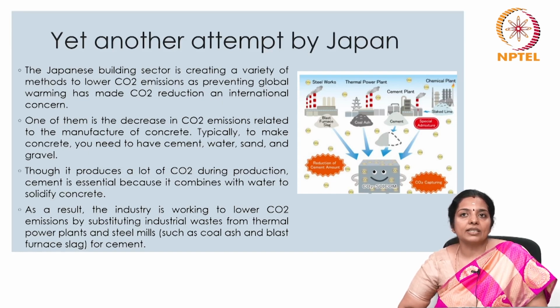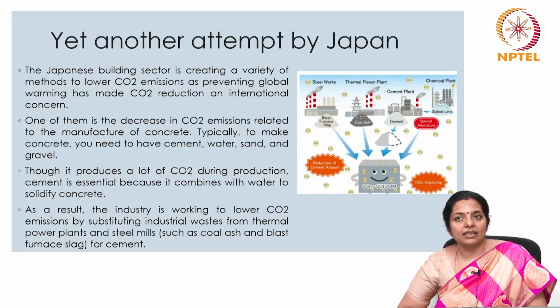One of the concerns is the decrease in carbon dioxide emissions related to the manufacture of concrete. Typically, to make concrete, you need cement, water, sand, and gravel. Though it produces a lot of carbon dioxide during production, cement is essential because it combines with water to solidify concrete.